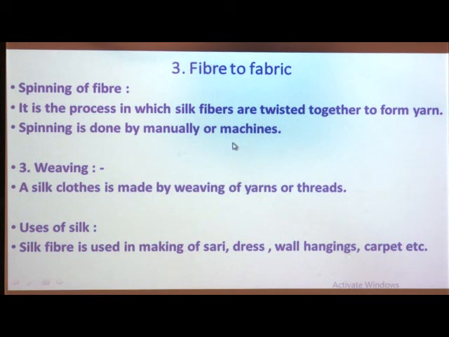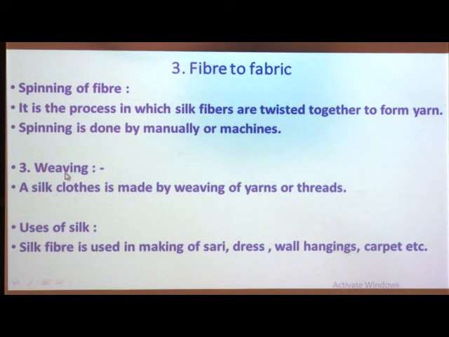We know there are different types of machines by which we can spin such fibers. After killing the insect inside the cocoon and separating the fibers, we get twisted fibers, and these again have to be spun, either manually or by machines.